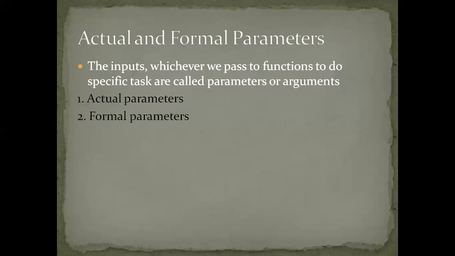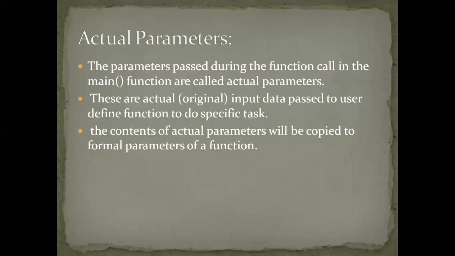That is how we are going to pass the argument or parameter. There are mainly two kinds of parameters. One is the actual parameter, and the other is the formal parameter. First, what are actual parameters? The parameters passed during the function call in the main function are called actual parameters. Understood? These are the actual input data passed to a user defined function to do a specific task.